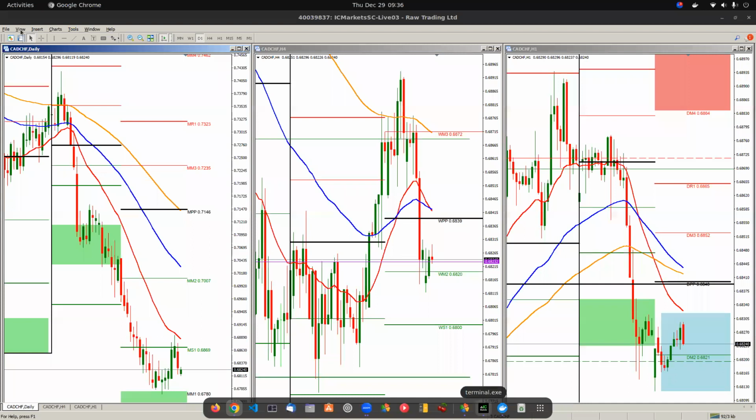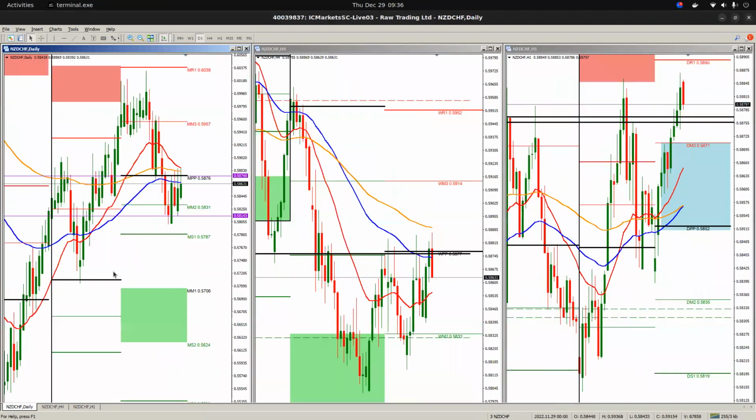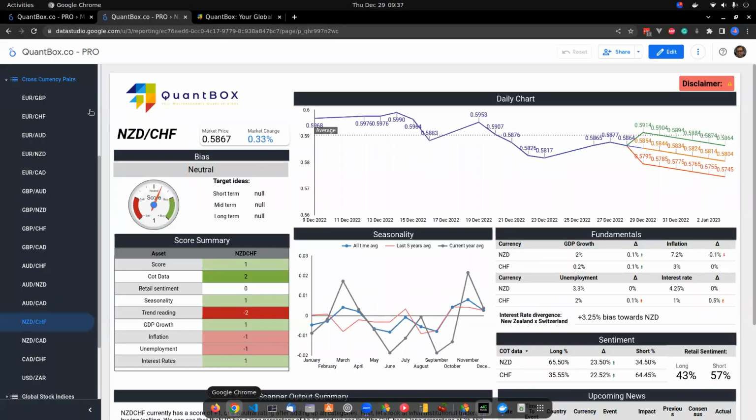So we could then jump into Kiwi Swissy and see if we have any opportunity to take a trade on this. Now, of course, because it is currently neutral fundamentally, we would look at this and say, do we have any opportunities to trade this technically? Right now we can see currently neutral fundamentally, currently neutral technically. So we'd leave that one alone and move on to the next.